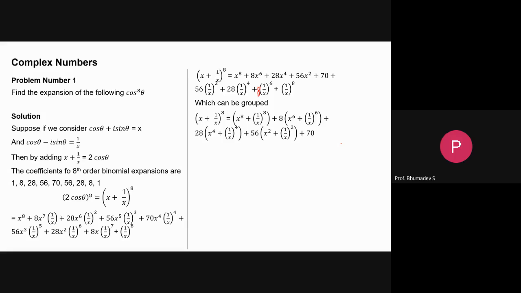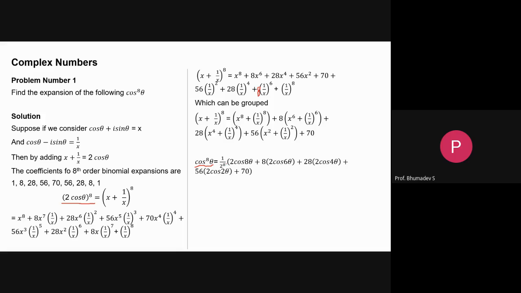Why? Because we are going to apply the formula. We are going to find the expansion of cos to the power of 8 theta in the next step. So cos to the power of 8 theta, we can write from here: only cos to the power of 8 theta here.